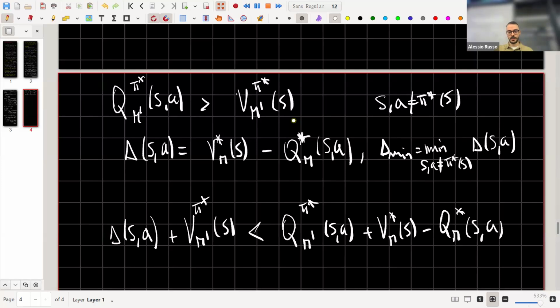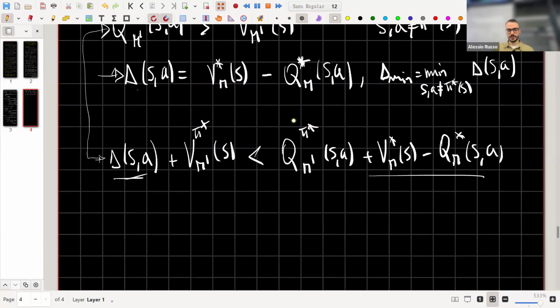So this inequality is exactly the same as the original one, because this term is equal to this quantity. So we have not changed anything. We just added this equation to this inequality. But now we have the gap that appears, which is nice.